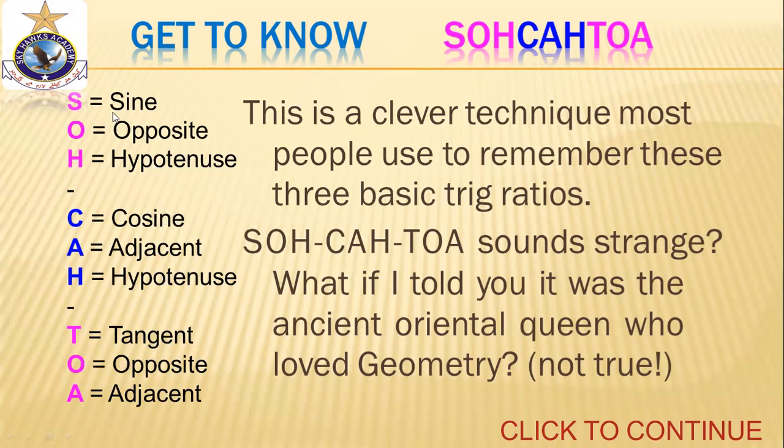Are you getting these code words? It's a short way to remember these. If you are looking for the sine of any triangle, what you have to do is SOH. If you are looking for cosine, CAH. If you are looking for tangent, TOA.